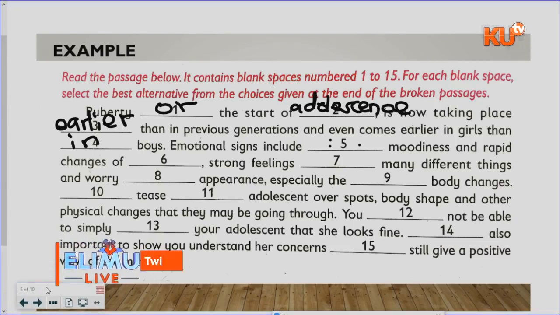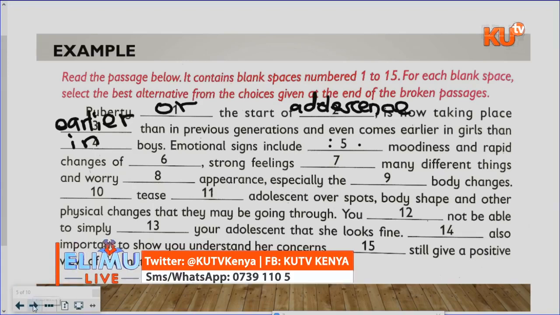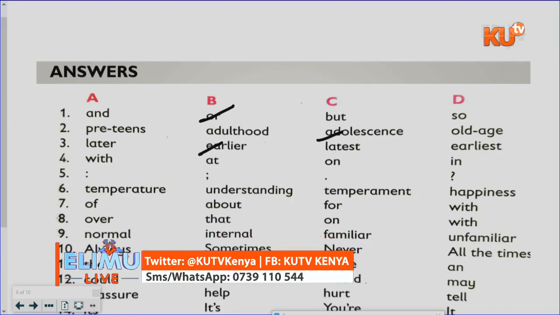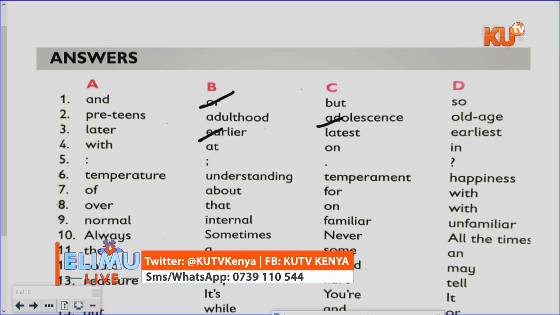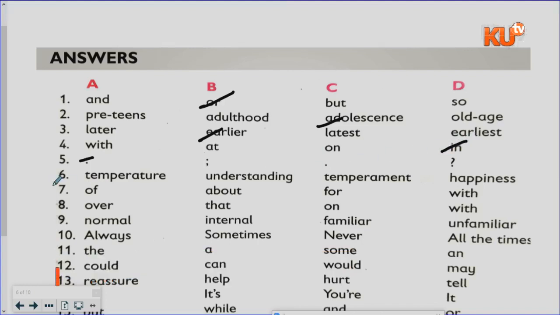Here are the choices. We are in question 6. So question 5, we have already picked choice A, which is a colon. And in question 4, we already picked choice D, which is in.